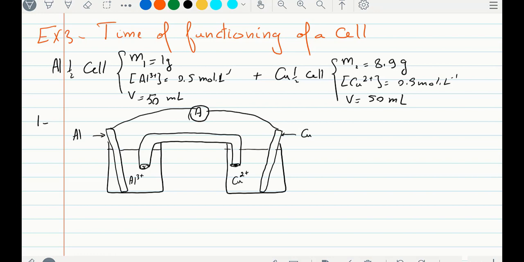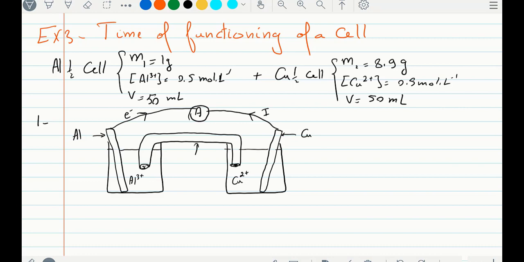The ammeter indicates the direction of electric current I from Cu strip to Al strip. Therefore, the direction of electrons must be in the other direction, from Al strip to Cu strip. I and E have opposite direction.